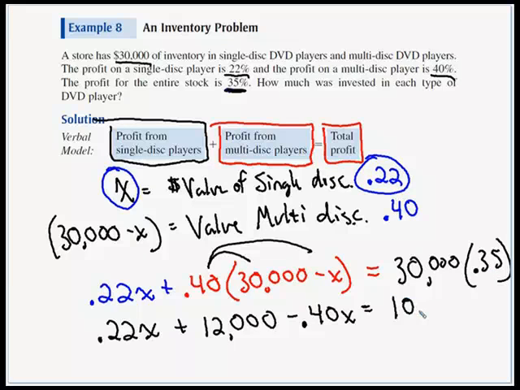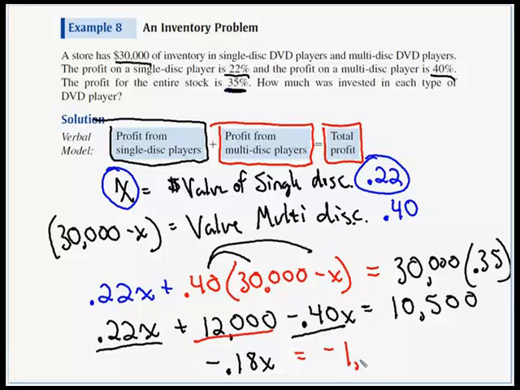That is $10,500. So on the left here, let's combine our x's. 0.22x and negative 0.40x comes out to negative 0.18x. And then let's subtract 12 grand from this side. 10,500 minus 12 grand is negative 1,500. So we have negative 0.18x equals negative 1,500.